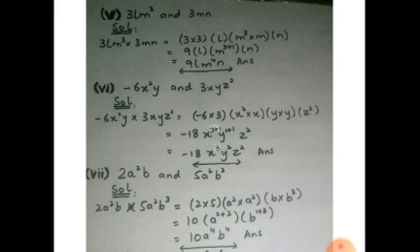Now come to part number 6, that is minus 6x² and 3xyz². So in the solution, what we do, we place a multiply sign in between them, so it becomes minus 6x²y into 3xyz².